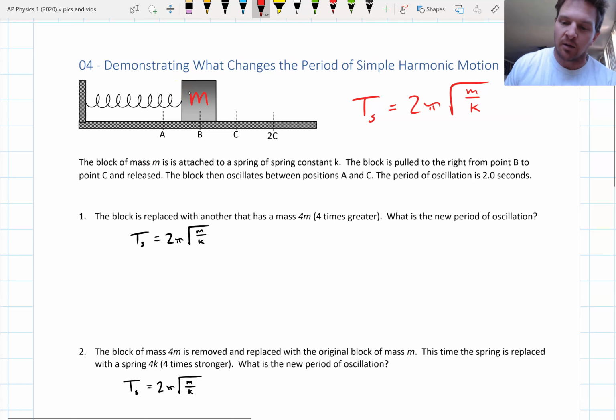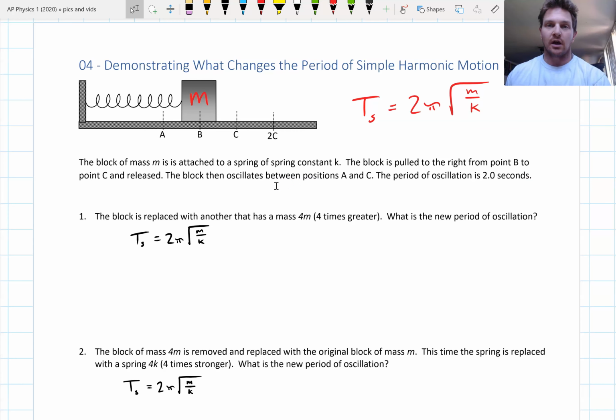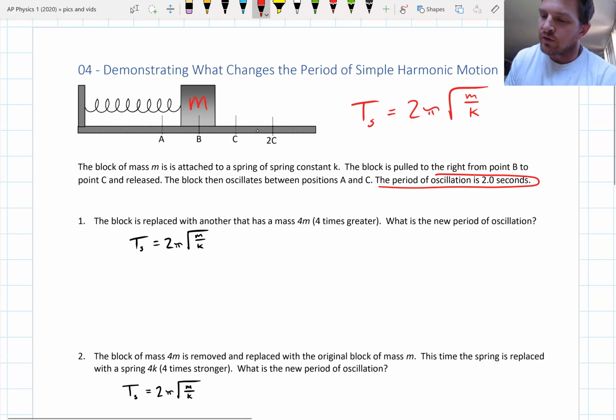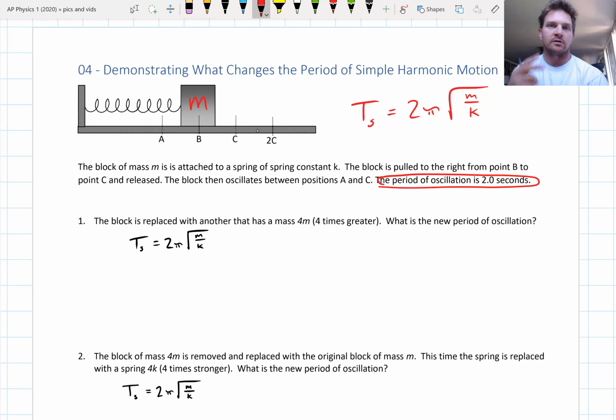This is mass M. It's attached to a spring of spring constant K, and the block is pulled to the right from point B to point C and let go. So when this thing first starts, it's just oscillating back and forth between A and C. The period of oscillation is 2 seconds. So the original period is 2 seconds.